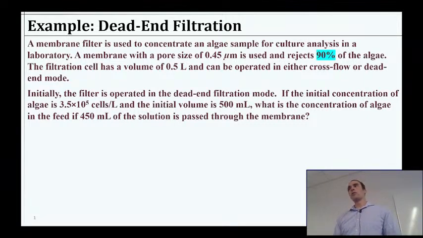Of course, you can do this with many problems, right? You change something else, say, okay, well, how much volume would I push through to get some number? So it might be worth your time to change things if you need some more practice with that. But overall, this was a mass balance problem, right?